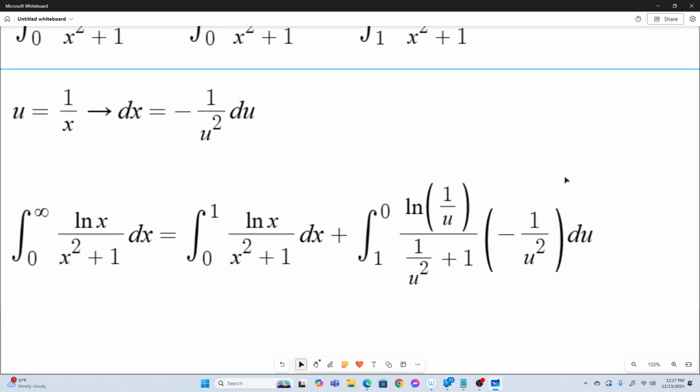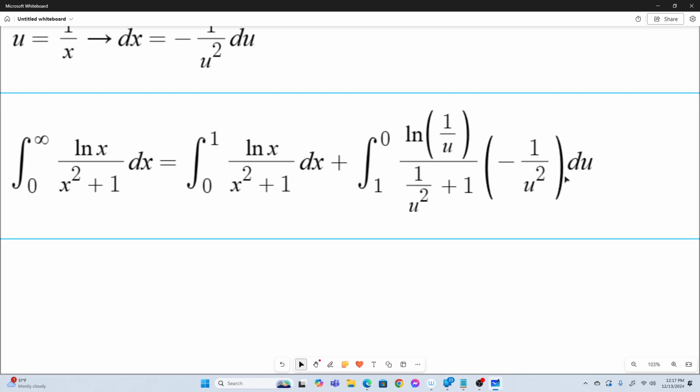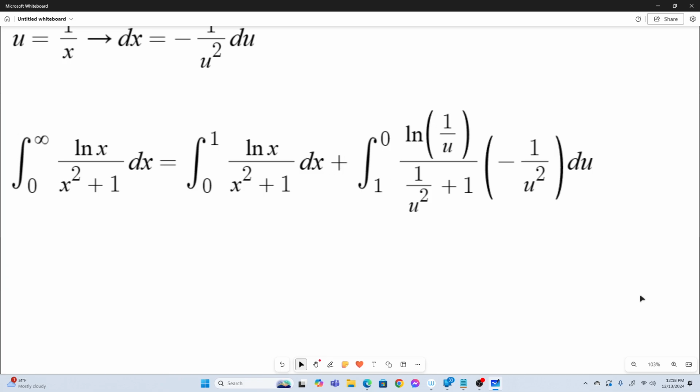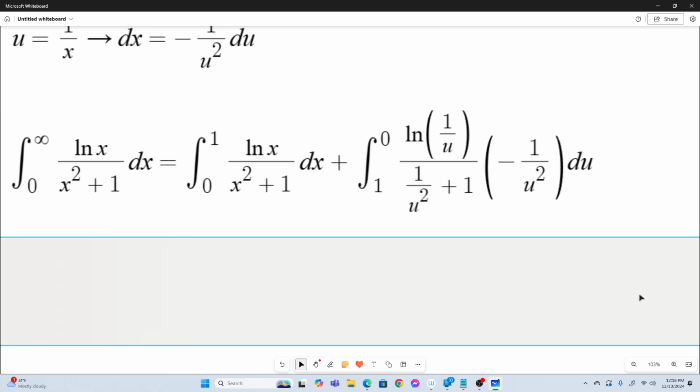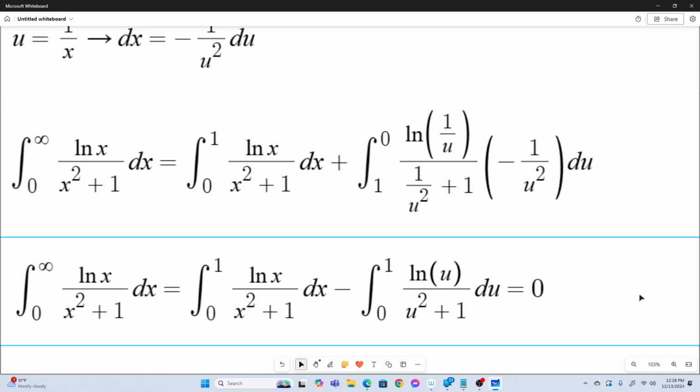All right, so we get that, and then you'll notice that natural log 1 over u is just negative natural log u, so we can use that negative sign to cancel this negative sign. We can distribute this u squared into the denominator here to just give us back our u squared plus 1, and then switch the bounds of integration to make it 0 to 1 by flipping this to a negative. And so what we end up with is this, and that equals 0.